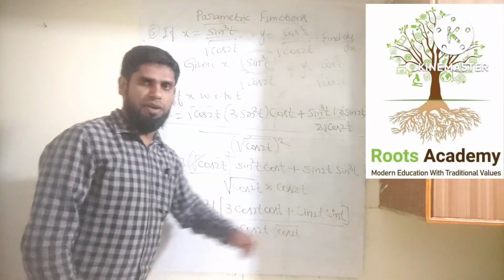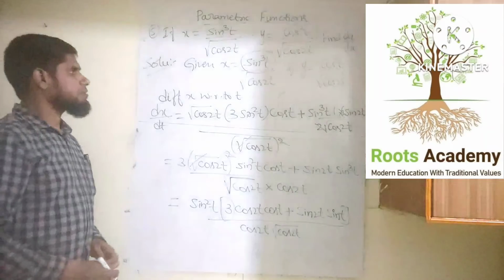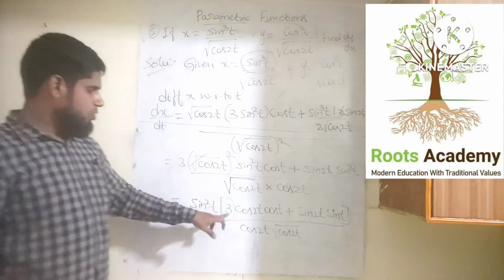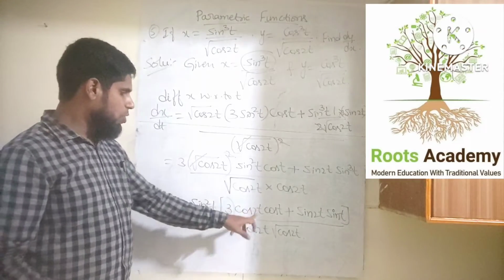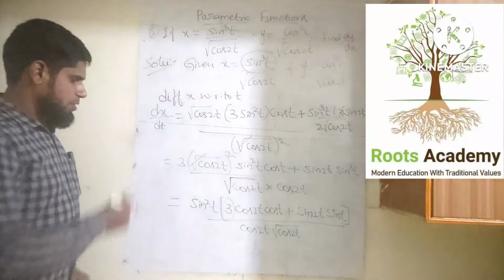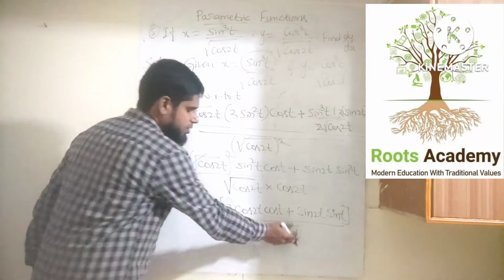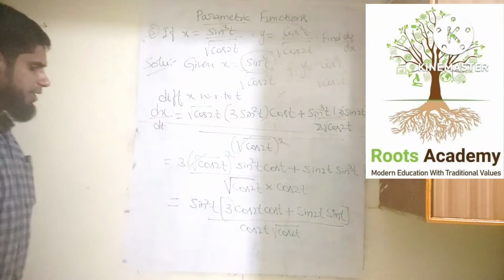Further we cannot simplify because here this 3 creates a problem. If there is no 3 here, then we could have used the cos x cos y plus sin x sin y formula. Because of that, and since here we cannot cancel anything, let us consider this is our dx by dt.